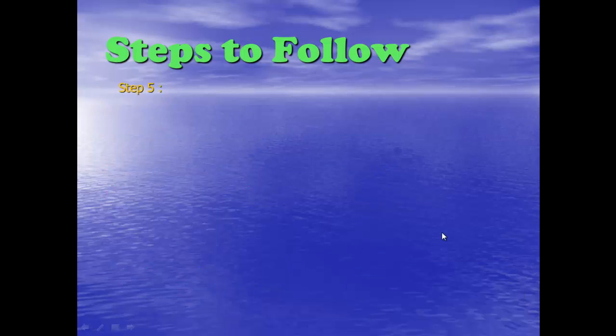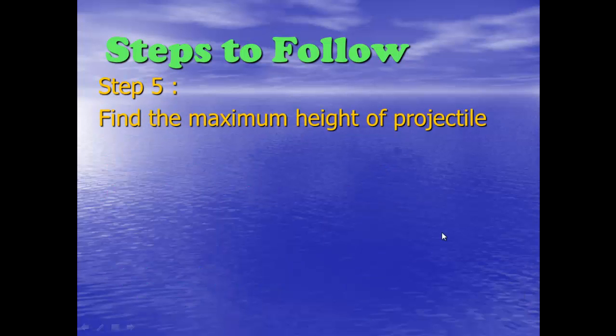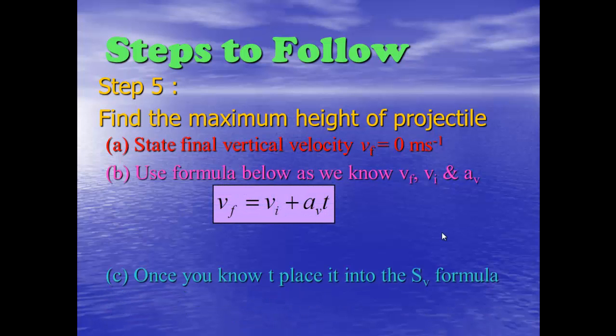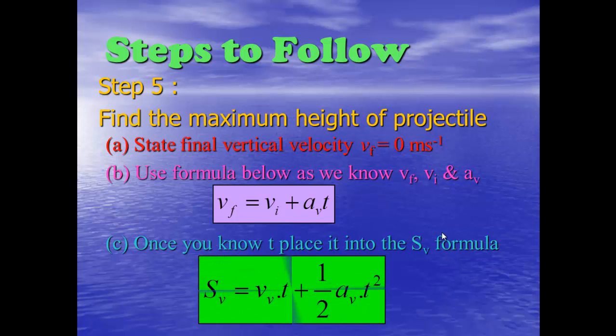The following thing would be to find the maximum height of a projectile. You need to state that at the top the final vertical velocity is 0. So we're going to use that formula to work out how long it takes to get to the top. Once we know our t by rearranging this formula here, because we know that acceleration is minus 9.8, and the final vertical velocity will be 0.